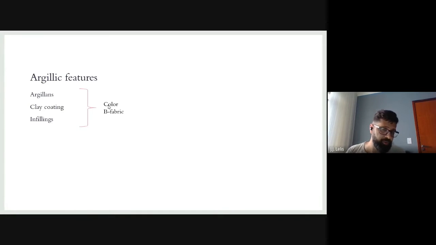And hematite, of course, presents a red color. So the color of these argillic features is very important to understand which climate conditions and which kind of vegetation I could relate to the formation of this horizon or layers. Okay.